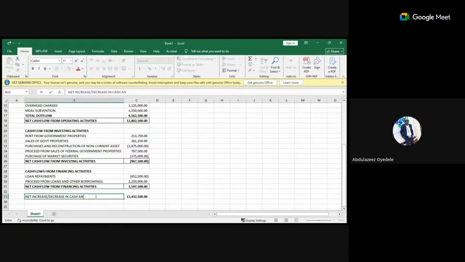In short form, you can also call it net cash flow for the year. Sometimes they call it net cash generated for the year. Okay, so any one of these that you call it is good.